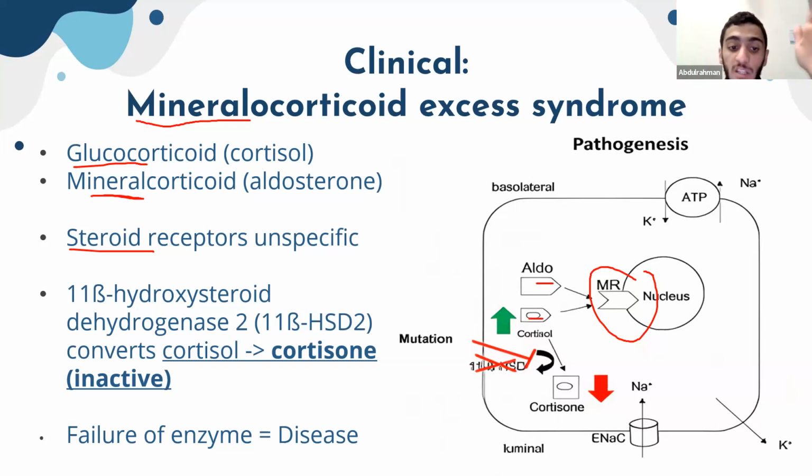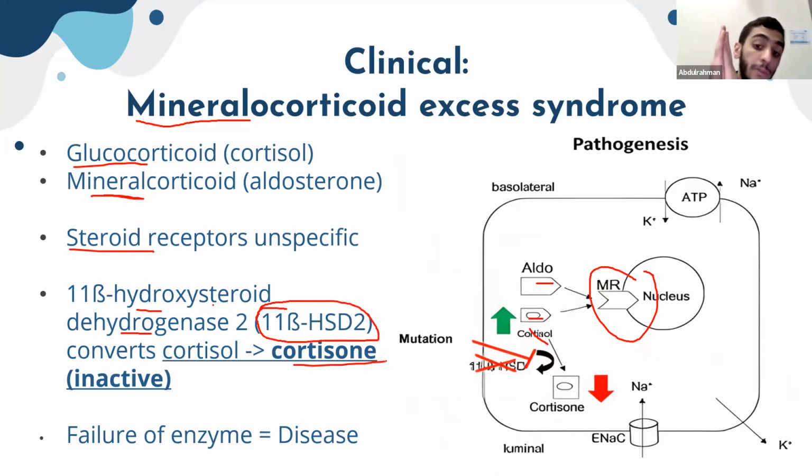The body's defense mechanism against that is through an enzyme, a very important enzyme whose name you need to remember: 11-beta-HSD2, or hydroxysteroid dehydrogenase 2. What this enzyme does is break down cortisol into something inactive, which is cortisone.